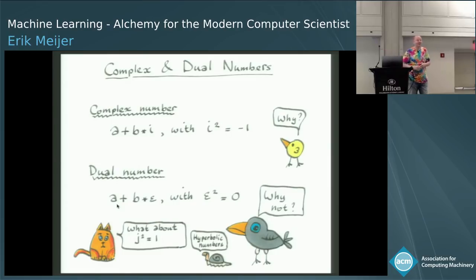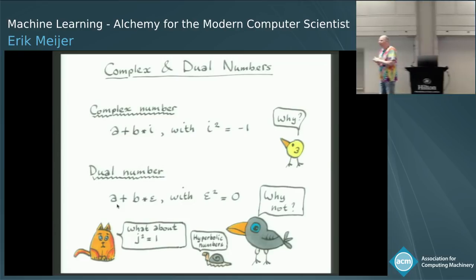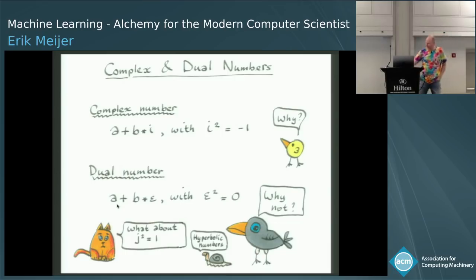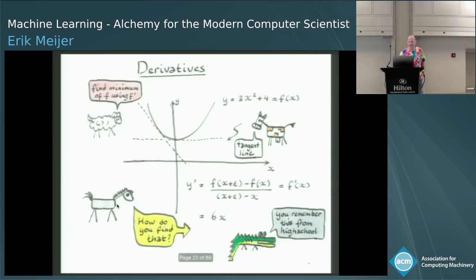That also turns out to be useful. That's called hyperbolic numbers. You can Google that. But if we take epsilon squared to be 0, it turns out that we get something super interesting. So let's just do an example. Let's take our function f that we defined over here. This function here, 3x squared plus 4.